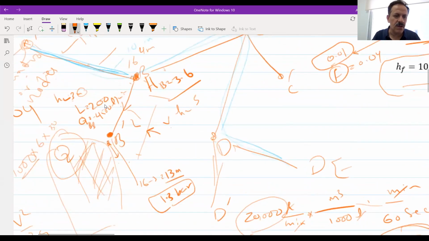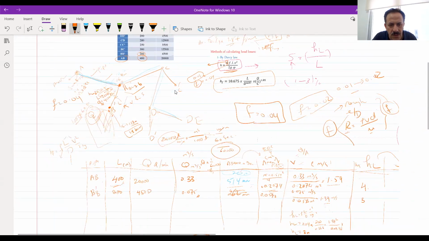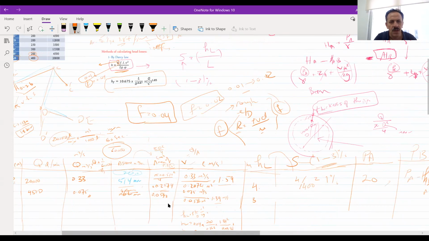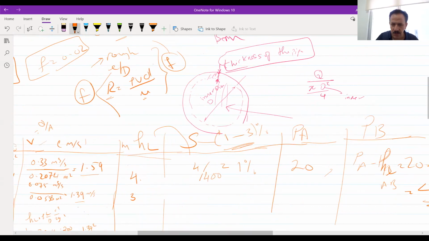Now let's check the value of S. The head loss is 3 meters, so 3 divided by the length of the pipe, which is 200, becomes 1.5%, which is also okay because it's between 1 and 3. When you have to analyze or check a distribution network, you have to do these checks.